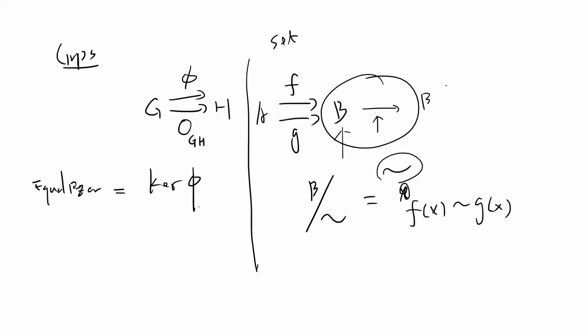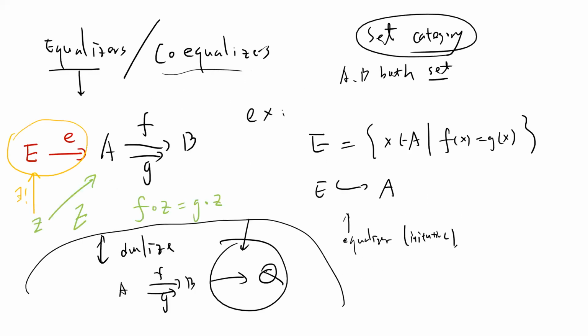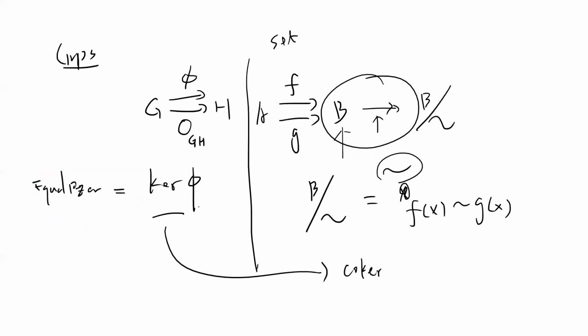So this is a surjective map from B to the quotient. This is a set. And if you work in groups, this becomes a cokernel. So this is the kernel, and this becomes the cokernel. This just shows that the ordinary kernel and cokernel ideas become the equalizer and coequalizer.